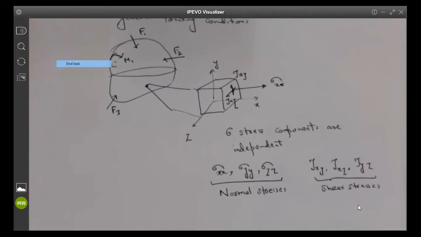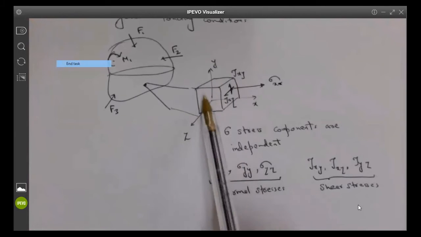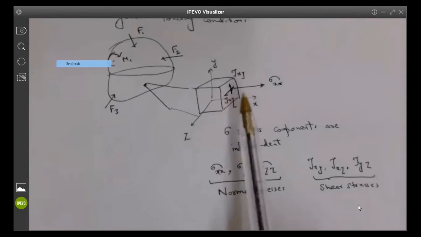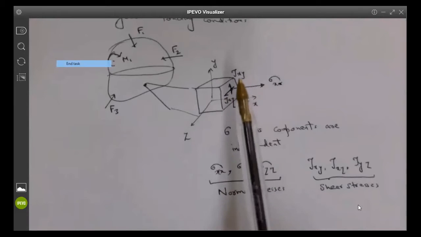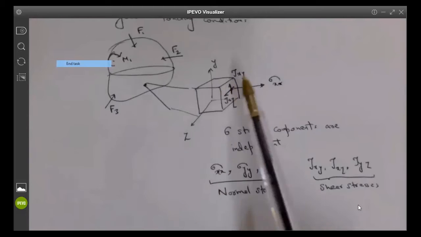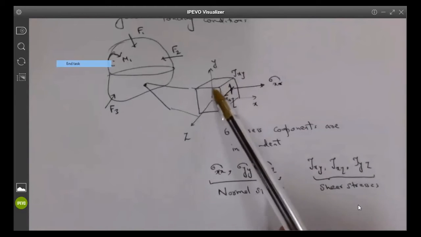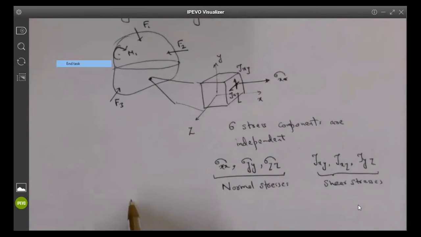Thereafter we said that we do not need to worry about the 3-dimensional representation of stresses if we can squeeze this cube into a planar form. If one of the dimensions is squeezed, then we end up with only 3 components of stress.